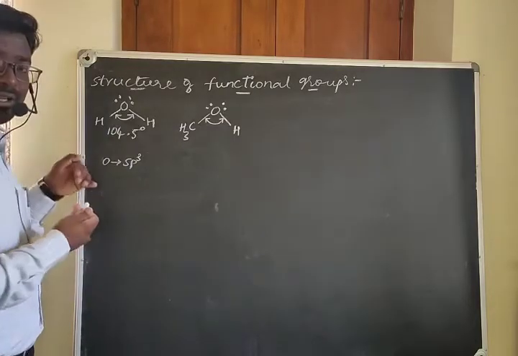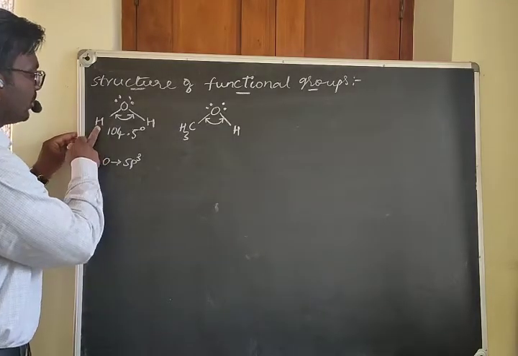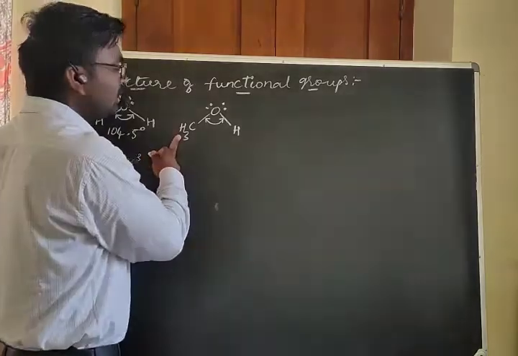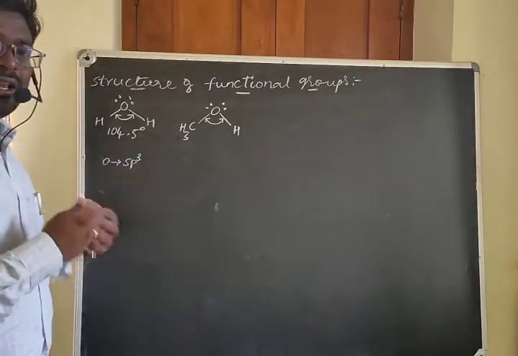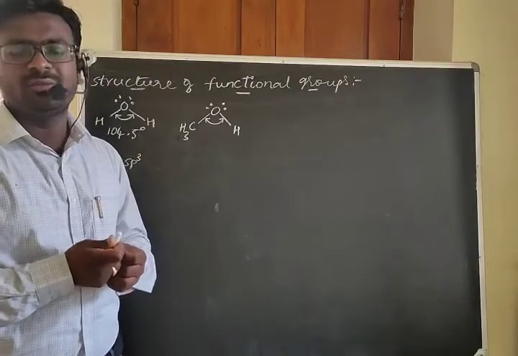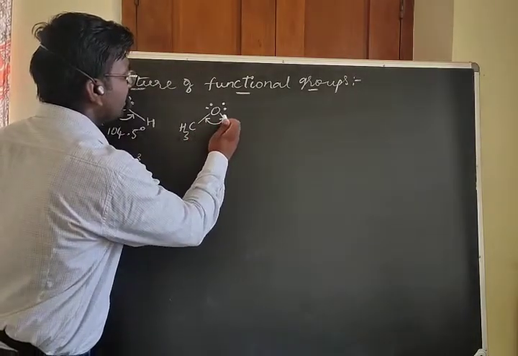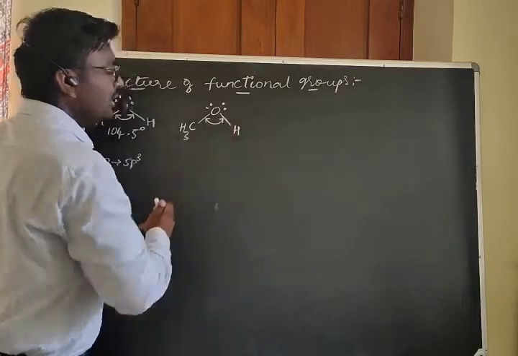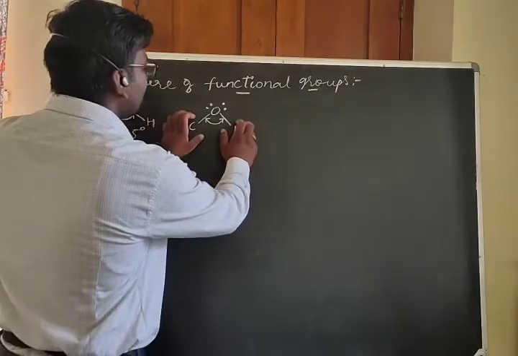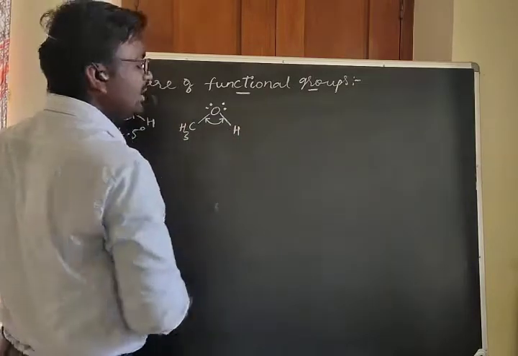Here hydrogen, a small group, is replaced with methyl. This is a bulky group. Bulky group means more electrons in this structure, and it causes repulsions between the bonding electrons. So slightly the bond angle will be more.